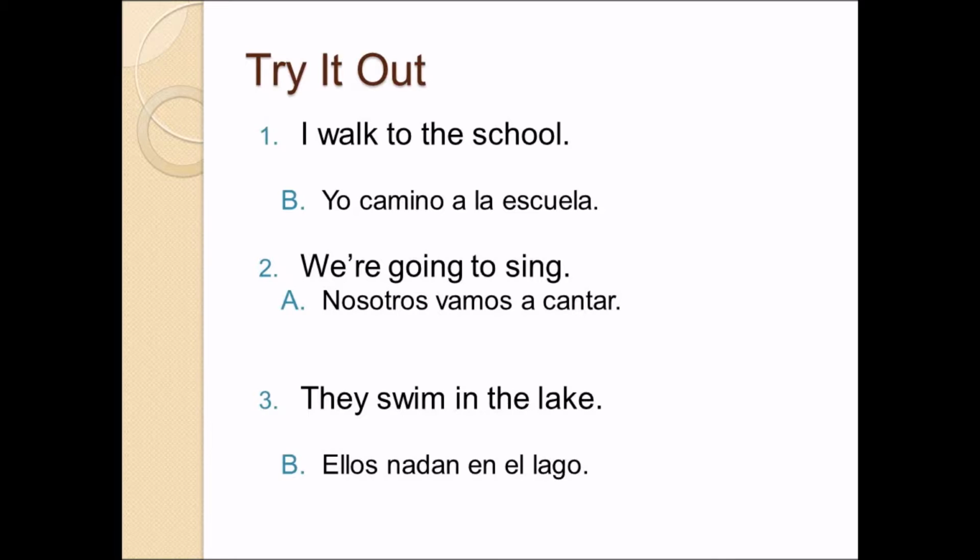Camino by itself means I walk. I put the yo in there to help see the one-to-one relationship. Same with we're going, nosotros vamos, nosotros being the we part. Or they swim, ellos, they swim, nadan, but nadan by itself, with that an ending, means they swim. So it just really is an emphasis on they by putting the pronoun in there.